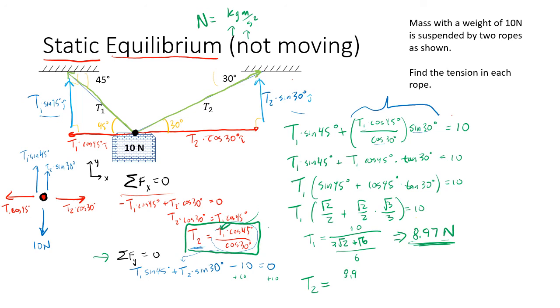It's 10 divided by the sine of 45 plus cosine 45 tangent 30. Oops, I am in radians. That's not good. Hold on, mode, setup.